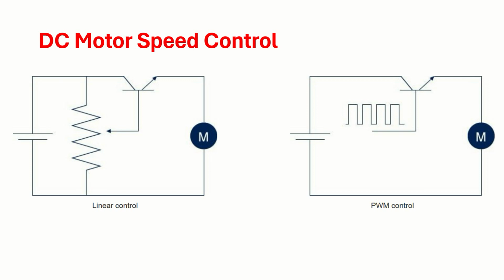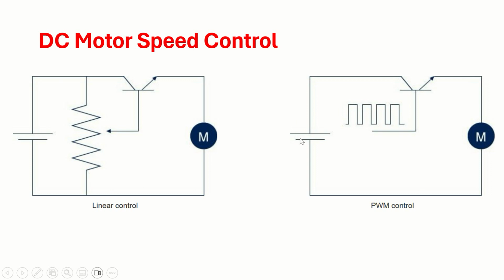The other technique is, instead of using that variable resistor, which makes power control a challenge, you generate a pulse in such a way that you control the on time and off time of the transistor.